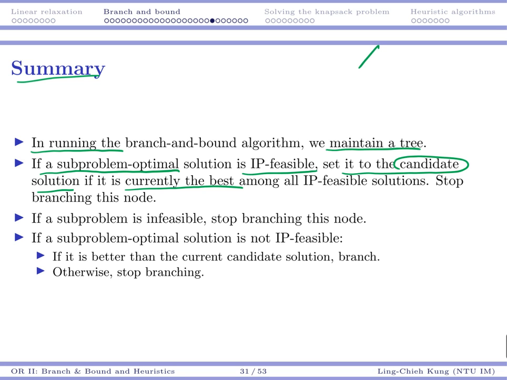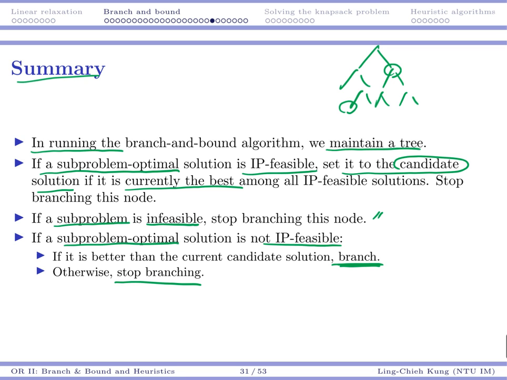So when branching, we always keep an eye on the current best solution, and once we get a better one, we replace it, so that we may provide a better lower bound. If a subproblem is infeasible, then it is dead. If a subproblem's optimal solution is not IP feasible, then either we keep branching on a fractional solution, or once we can see there's no hope to generate a better one, we stop.